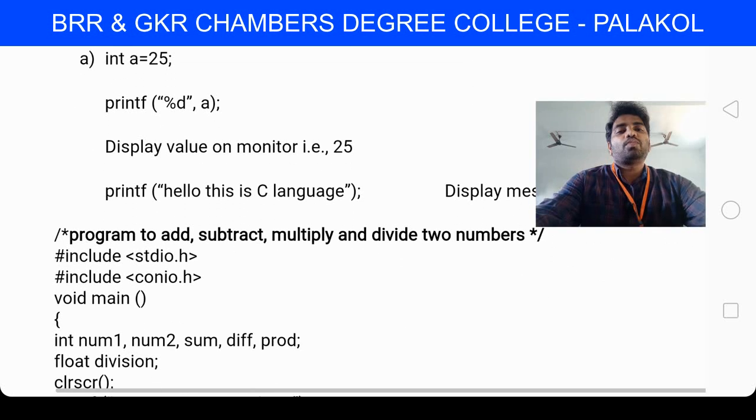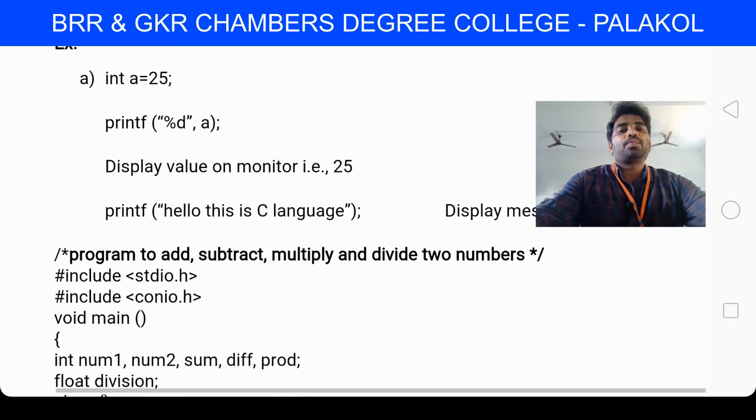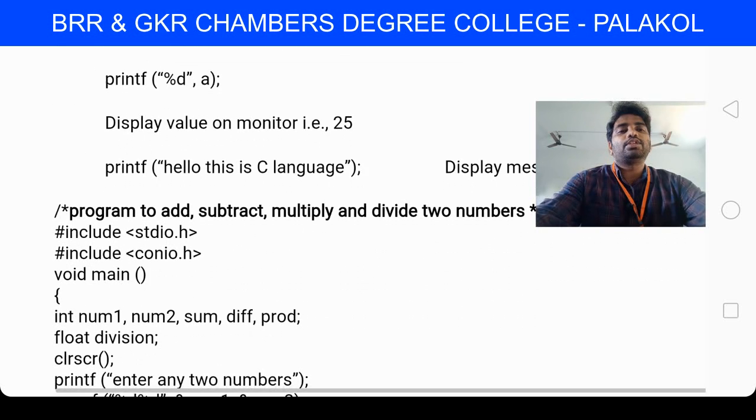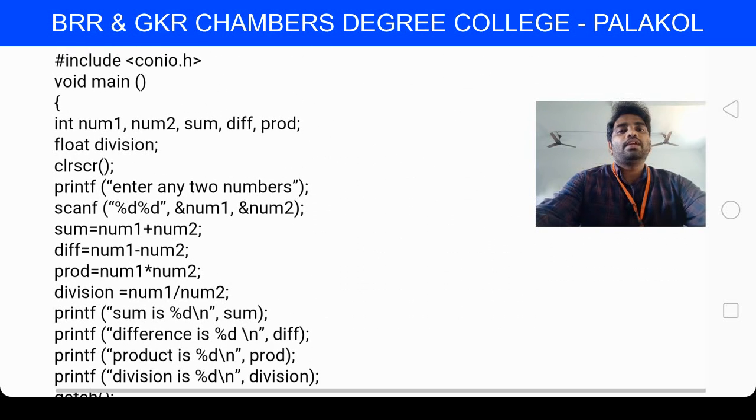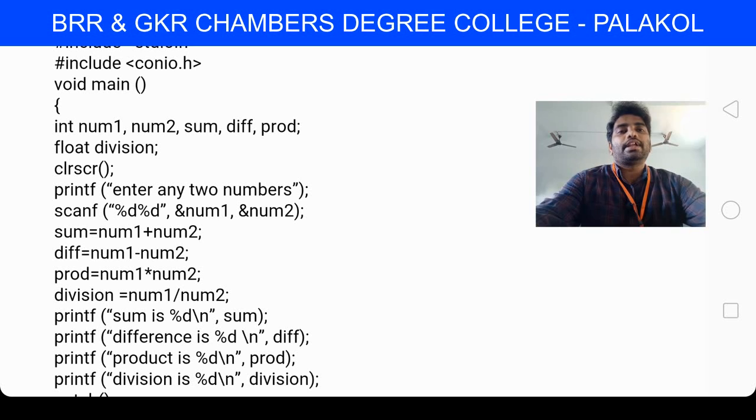Okay, small program: a program to perform addition, subtraction, multiplication and division of two numbers. First, #include <stdio.h> and #include <conio.h>. These are the header files, and then the main function, which is the default section, with the curly bracket open.